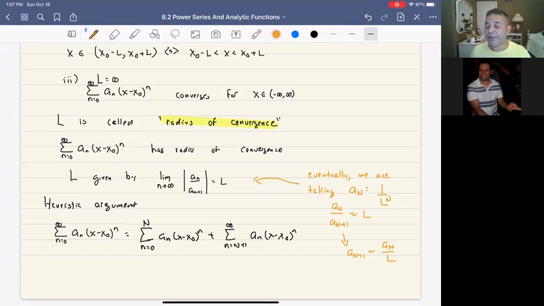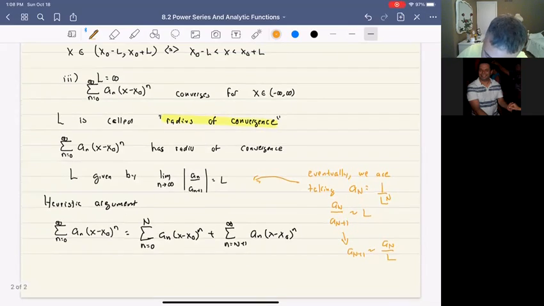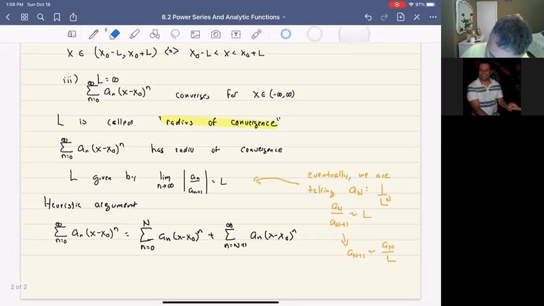Okay, and now if we take a sub n to be 1 over L to the n and a sub n plus 1 to be 1 over L to the n plus 1, that fits. Watch what happens.